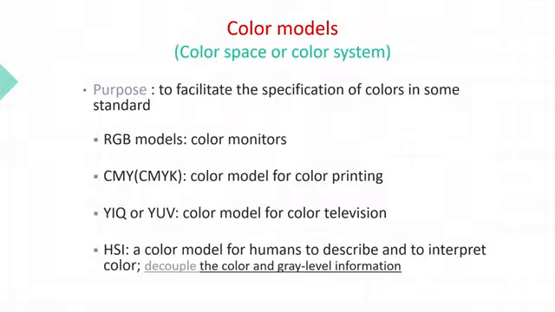The next one, HSI, represents hue, saturation, and intensity. Hue, saturation, and intensity are very important parameters in an image, which give us the perception of the image in a very good way, meaning it can interpret the colors also.